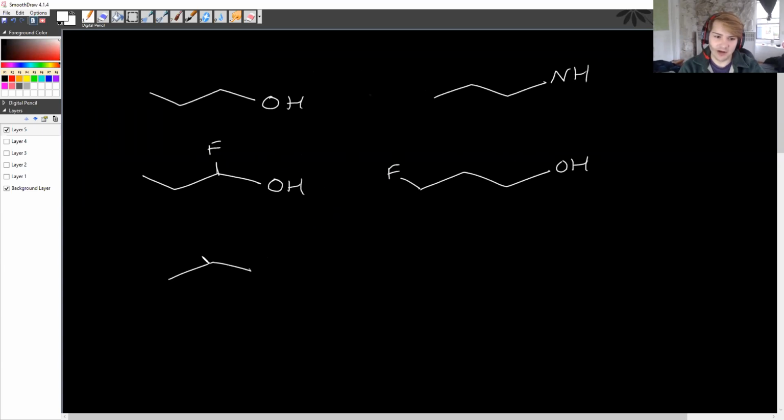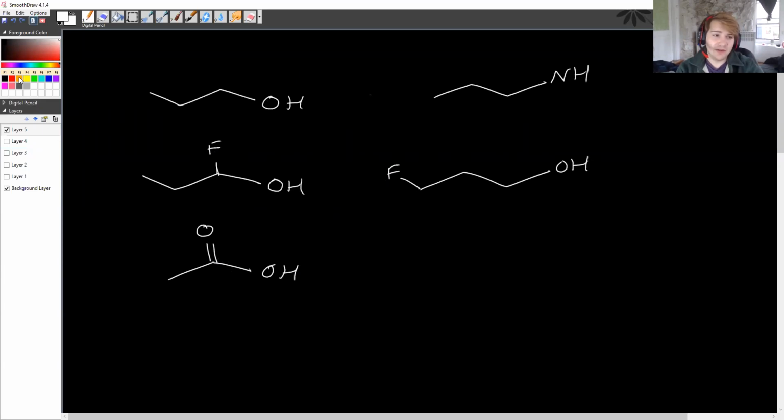And then there might be a carboxylic acid or something. It's easy to see that these first 4 compounds are really close and similar to each other, right? Where the only difference is, you know, oxygen versus nitrogen, or where fluorine might be, right?